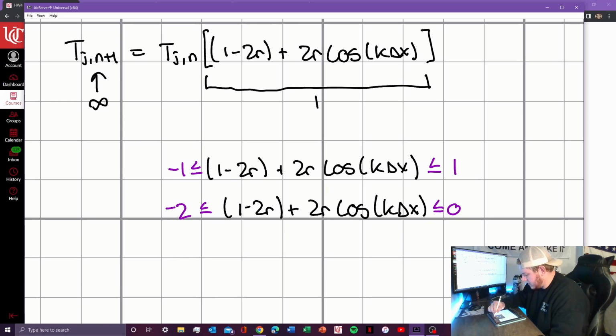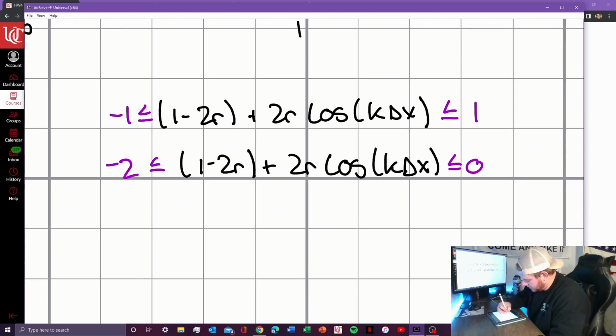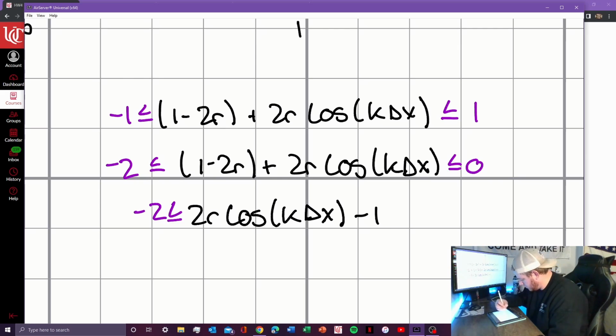And then since 2r can be distributed to both terms, we can be left with 2r times cosine k delta x minus 1, and then with the limit negative 2 to 0.